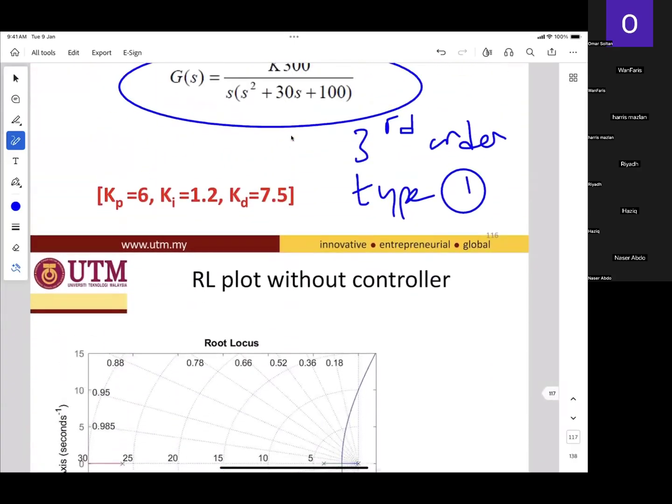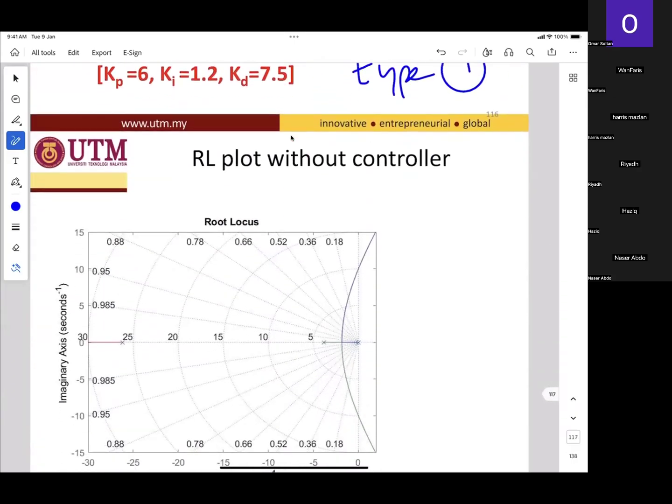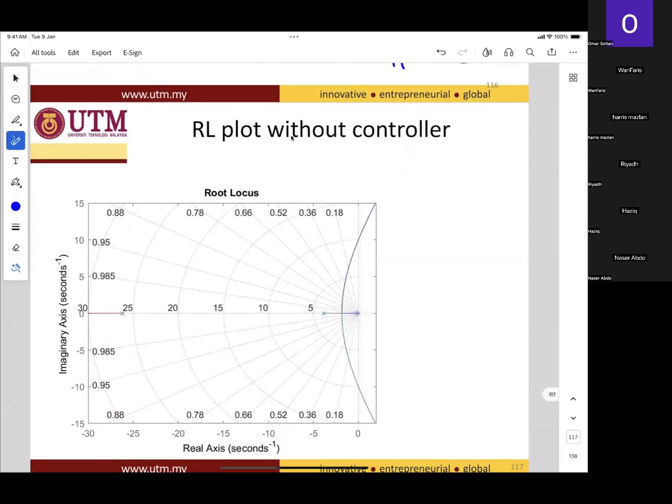Right, so we plot the root locus for this to see the flow of the signal. We have 3 root loci ending at infinity, starting at 0, -5, and -25.